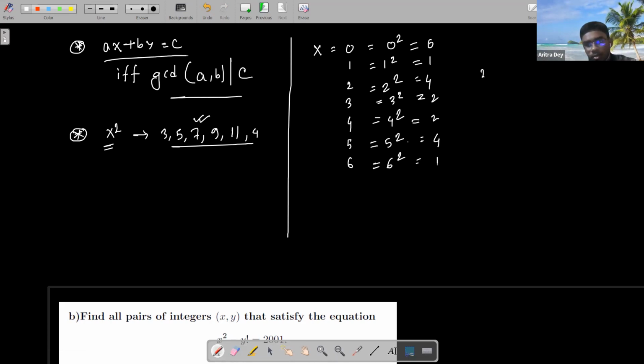So the only possible remainders are 0, 1, 2, and 4. Similarly, we can do the rest of the things; we can check for 5, we can check for 9.